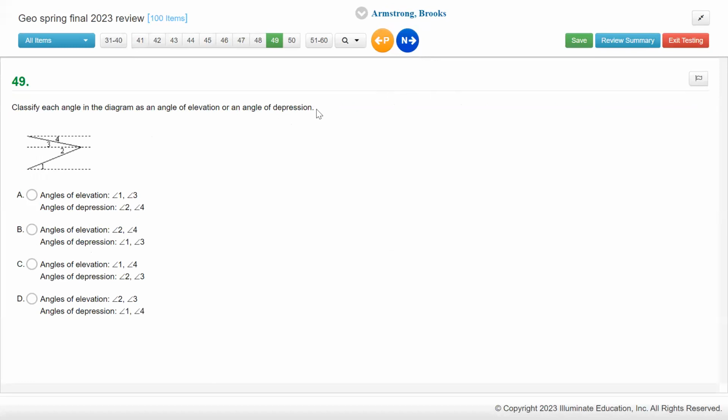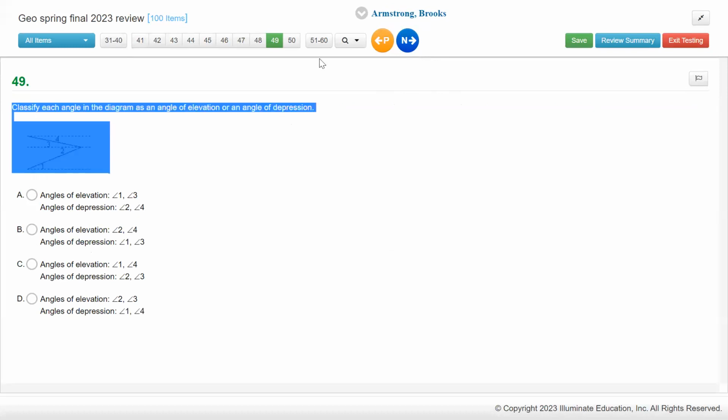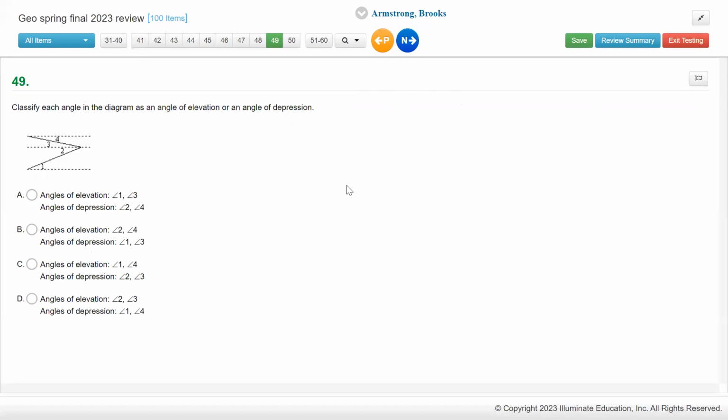Okay, well, if you want to schedule another lesson for us to try and get this done, I'm happy to help. The question asks about the angle of elevation in this drawing. Okay, so the angle of depression is 4. So you can see that gets you down to A or D. And then the only angle of elevation is, oh, is that a 1?